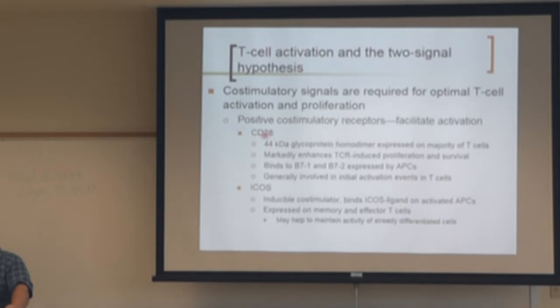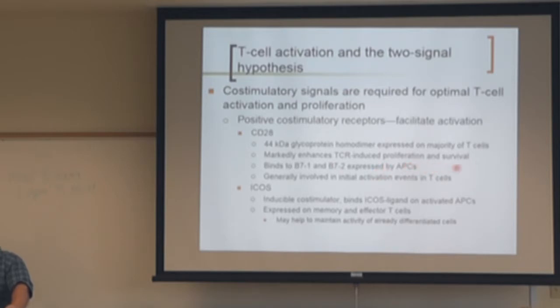So again, CD28, this 44 kilodalton glycoprotein homodimer expressed by the majority of T cells. It enhances T cell receptor-induced proliferation and survival, binds to B7.1 and B7.2, or CD80 and CD86, and it's expressed by antigen-presenting cells.